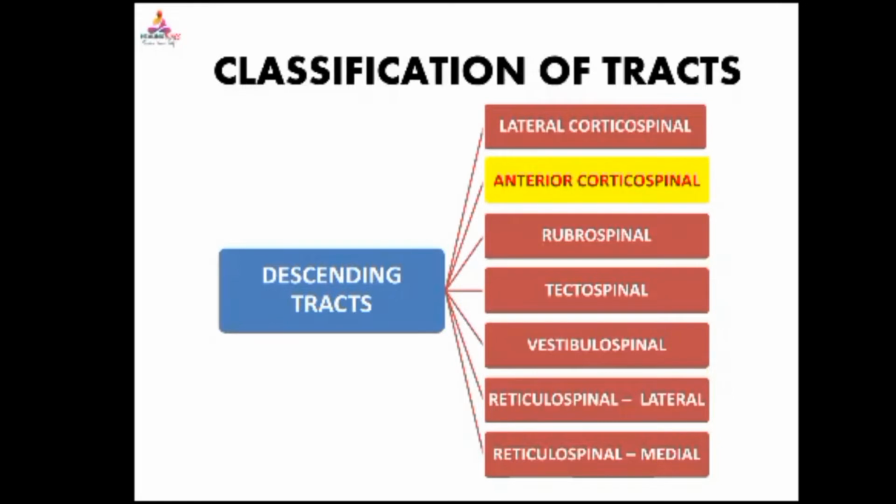Next is the anterior corticospinal tract, that is the uncrossed pyramidal tract, located in the anterior white column. Its origin is from the primary motor cortex area 4 and premotor cortex area 6 of the opposite cerebral hemisphere, that is the upper motor neurons, and it terminates in the anterior horn cell of the spinal cord, that is the lower motor neuron.